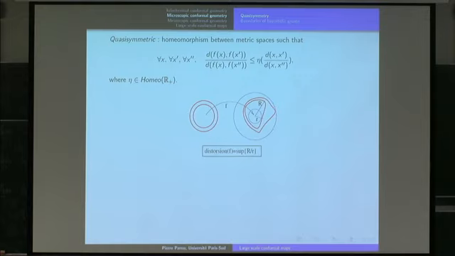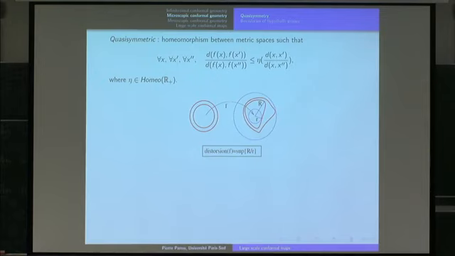So a quasi-symmetric map is a homeomorphism. Its definition makes sense for general metric spaces and maps. It's a homeomorphism that satisfies certain distance inequalities, which is a bit hard to grasp, but I think the picture helps. At each point x, consider an annulus between two concentric spheres.